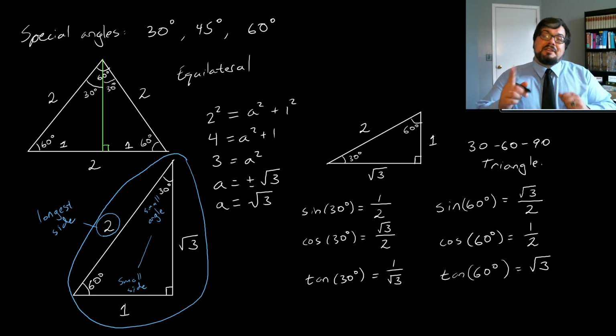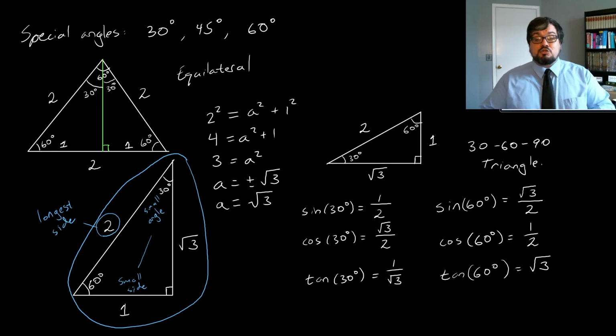I memorize one thing. I memorize the triangle. And the triangle allows me to determine what any trigonometric function of 30 degrees or 60 degrees is, as long as I label everything properly. So don't focus on memorizing that sine of 30 degrees is 1/2.